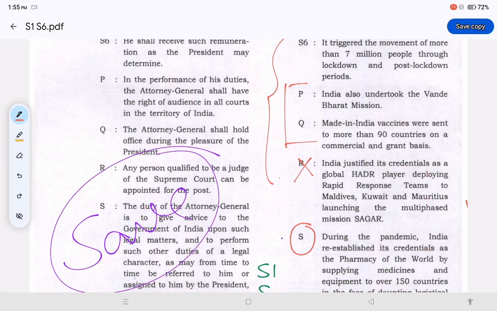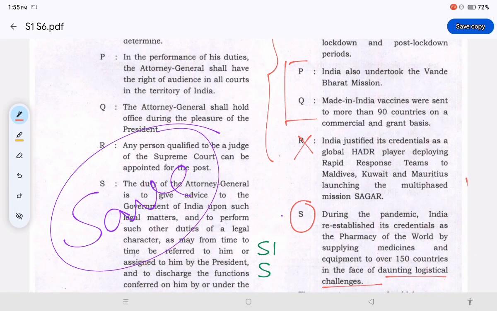India also undertook the Vande Bharat mission. So it is telling India also undertook the Vande Bharat mission. But we were talking about India being the leading pharmacy, talking about supply chains, talking about sending it to 150 countries. Where is the explanation?